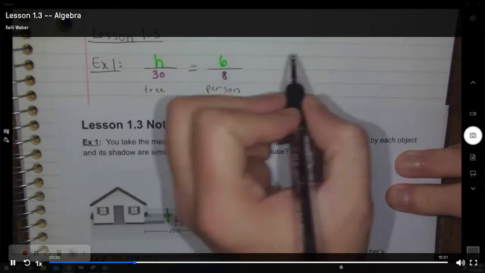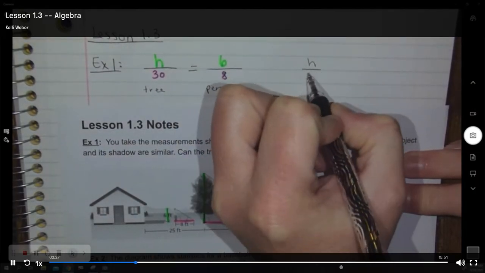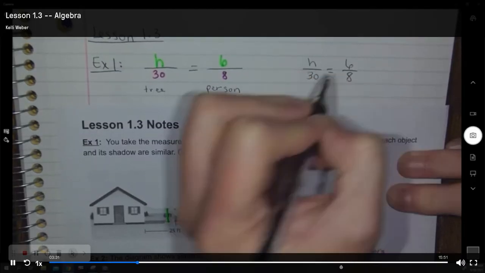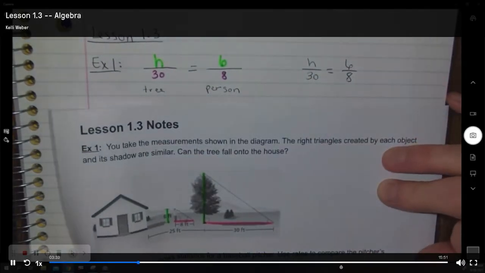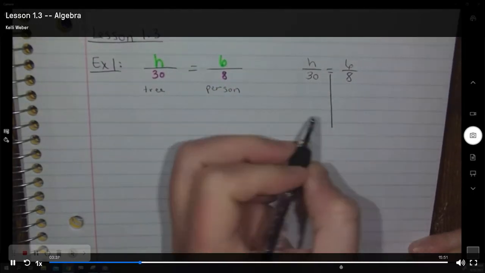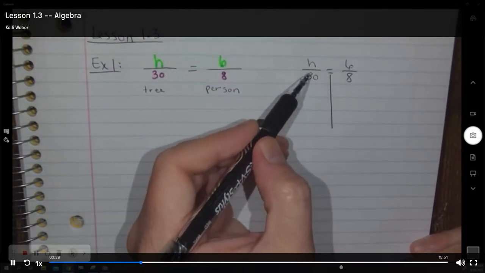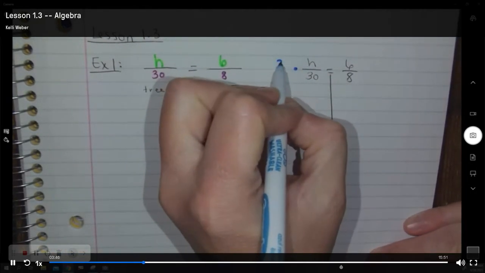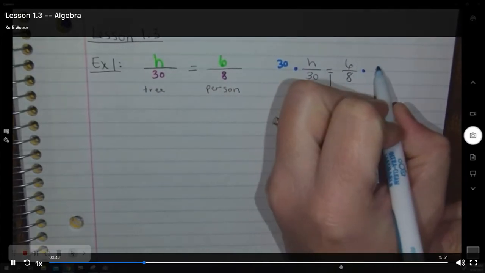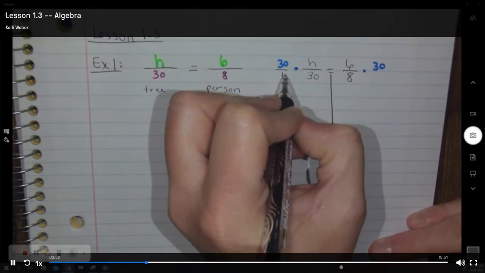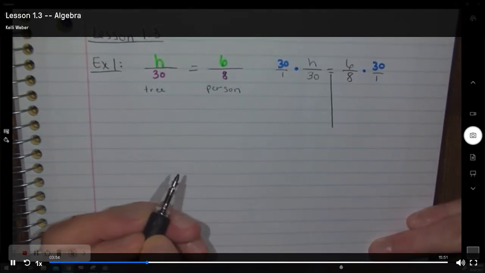So I'm just going to write it over here so it's a little bit easier to see the steps. I'm going to use our ideas of solving equations to solve for H. So if I have H divided by 30, in order to undo my division, I have to multiply both sides by 30. I'm going to make them both 30 over 1 so they look like fractions.